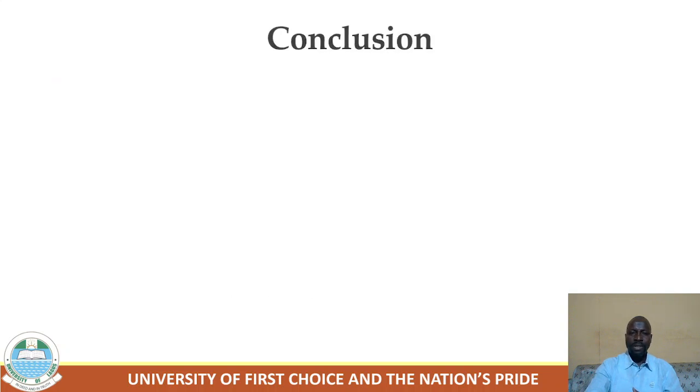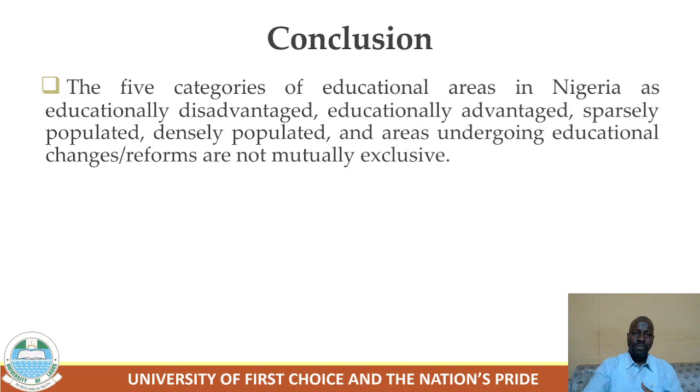In conclusion, the five categories of educational areas, the five diverse educational areas in Nigeria and in every other society, be it educationally disadvantaged or backward, be it educationally advantaged or advanced, be it sparsely populated area, be it densely populated area, be it areas currently undergoing educational changes or reforms, are not mutually exclusive.